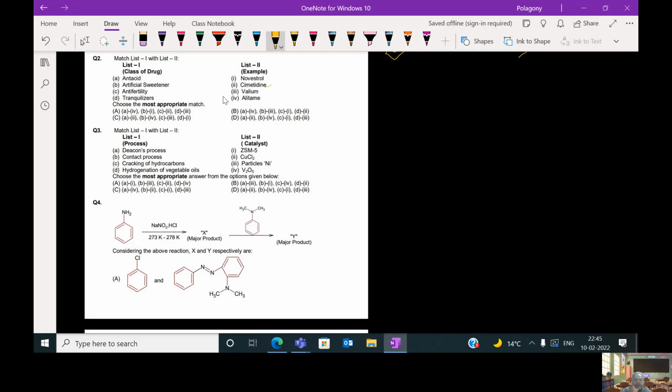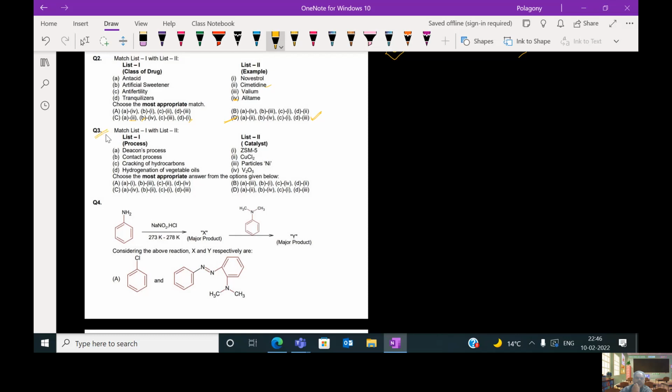The second option, artificial sweetener, is alitame. The fourth option, B, anti-fertility, is norethindrone. Tranquilizer is Valium. So D is the most appropriate one.